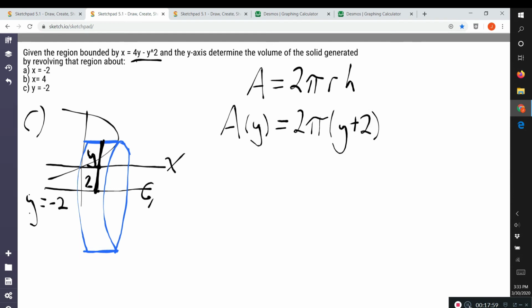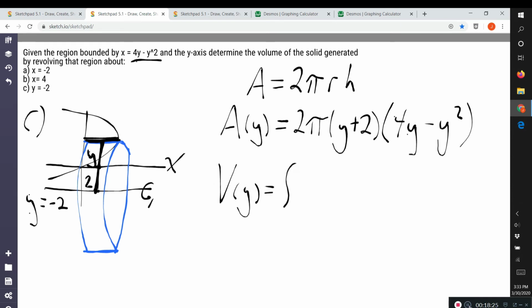What would the height be? Well, given that we're talking about this y, this is our height right here, and that's defined by the curve. So if our y is given there, our height would just be 4y minus y squared, defined by the curve. And again, same logic. If we want to take the volume of something like this, we want to take the integral of it with respect to the variable we're working in.